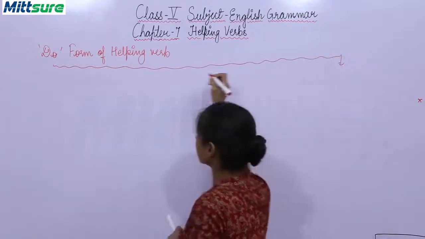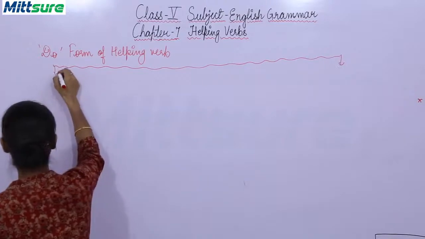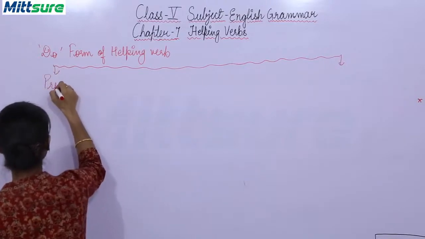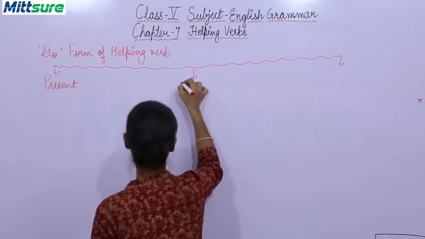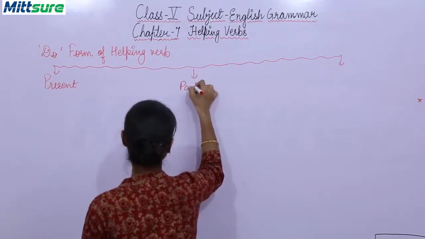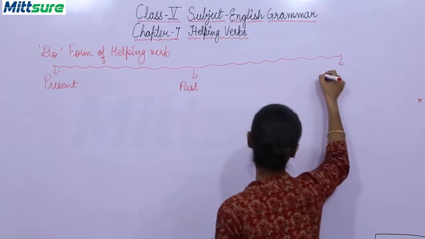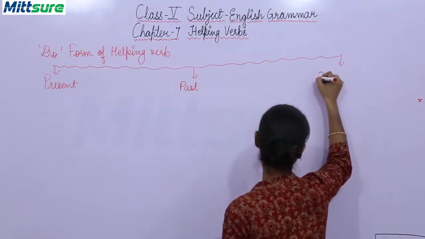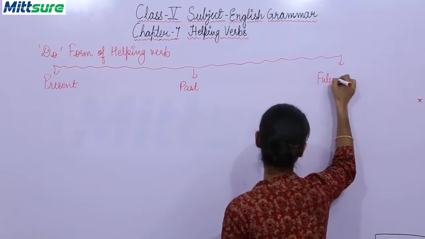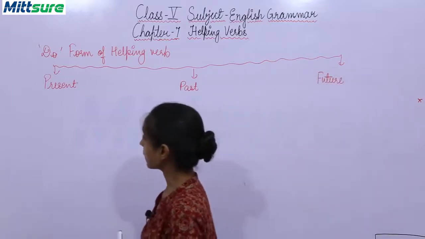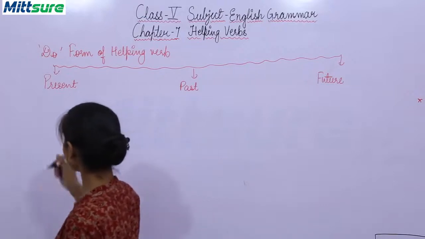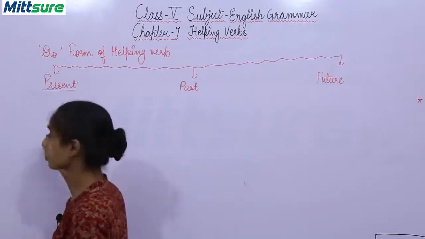The first tense is present tense. The second tense is past tense. And the third tense is future tense. Now, in present tense, what do form of verbs do we use?